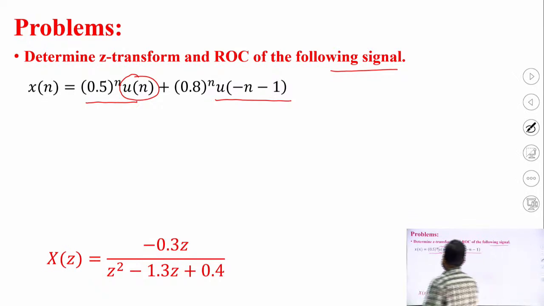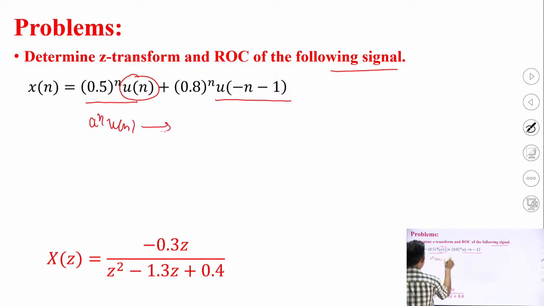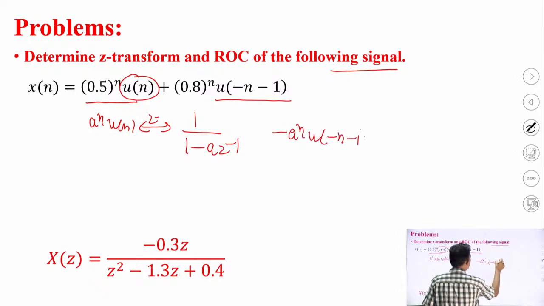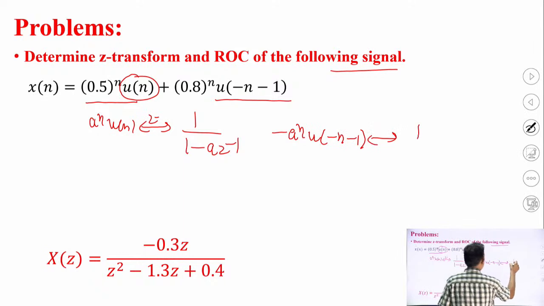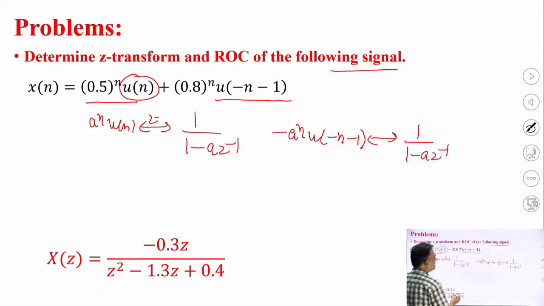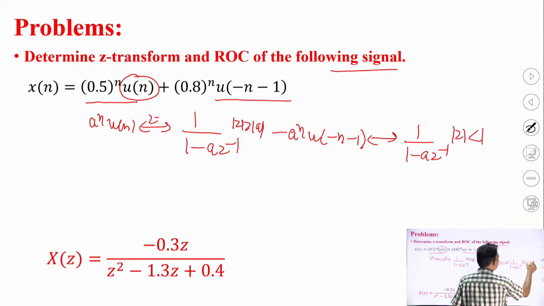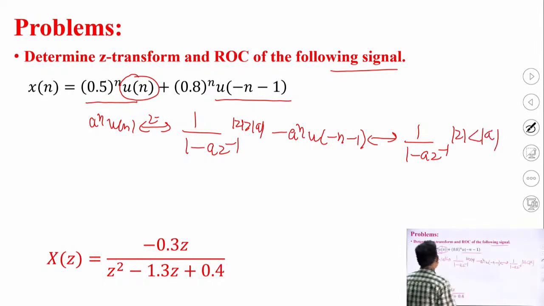You know the z transform of a to the power n u(n) is basically 1 upon 1 minus a z inverse, and minus a to the power n u(minus n minus 1) is also 1 upon 1 minus a z inverse, but with a change in the ROC: here the ROC is |z| greater than |a|, and here the ROC is |z| less than |a|.